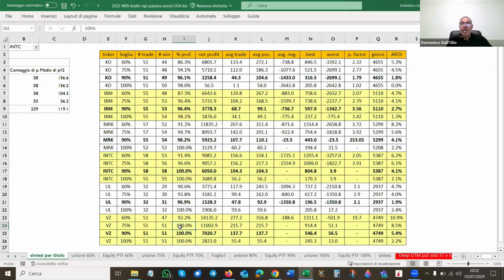Okay, and it's the one that exposes you, for sure, to the risk of a worst case scenario. But it also provides you with the best results in terms of the annualized return on investment.